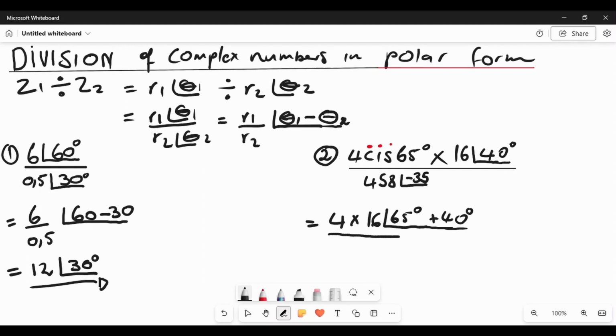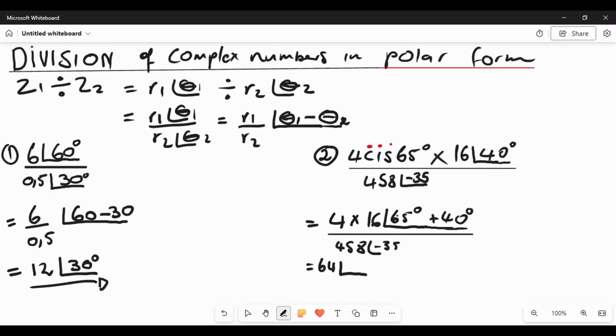Right, then you divide. As you divide, you need to understand that you do nothing here unless you finish with the numerator. So you're going to write the denominator as it is, with angle negative 35. So let's simplify the numerator. 16 multiplied by 4 is going to give us 64, when it comes to modulus.